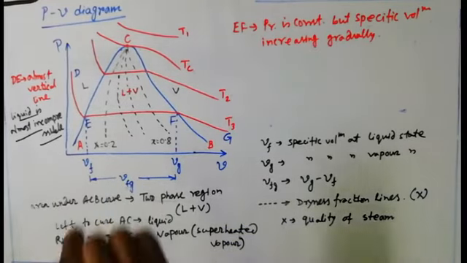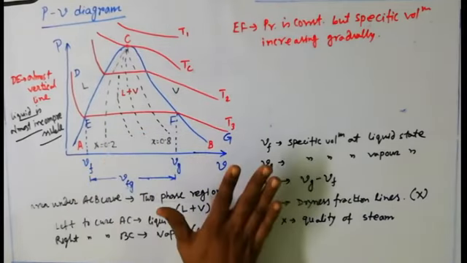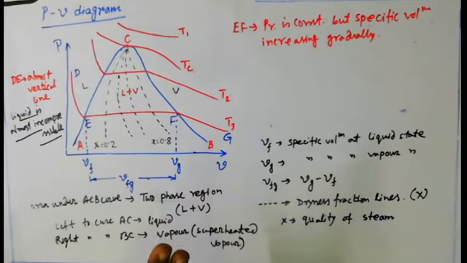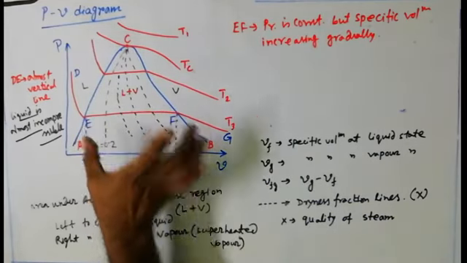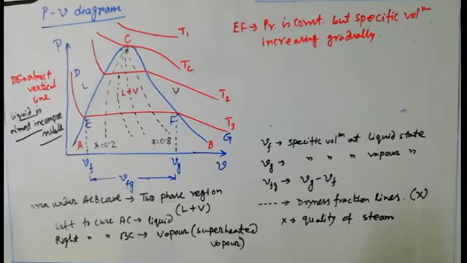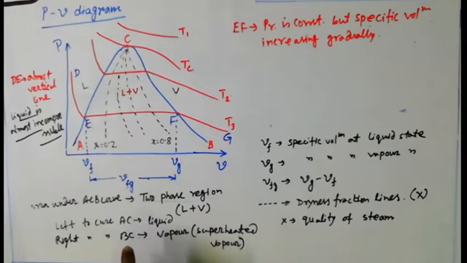If you put a thermometer inside that water, then the temperature will be the saturation temperature. If it is at 1 atm pressure, then it will be 100 degrees centigrade constant throughout this region. Temperature won't increase, and the heat it is supplying is known as latent heat, because it is hidden there.